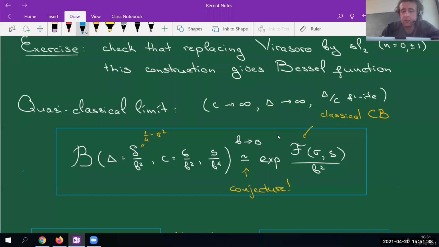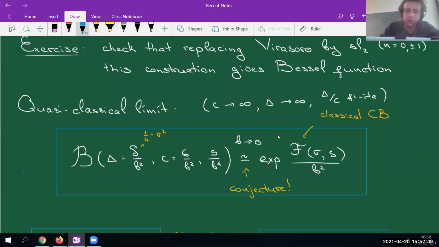And then we have a conjecture, which everybody believes, but I think it was never proved rigorously, that in this limit the conformal block has this WKB type asymptotics.